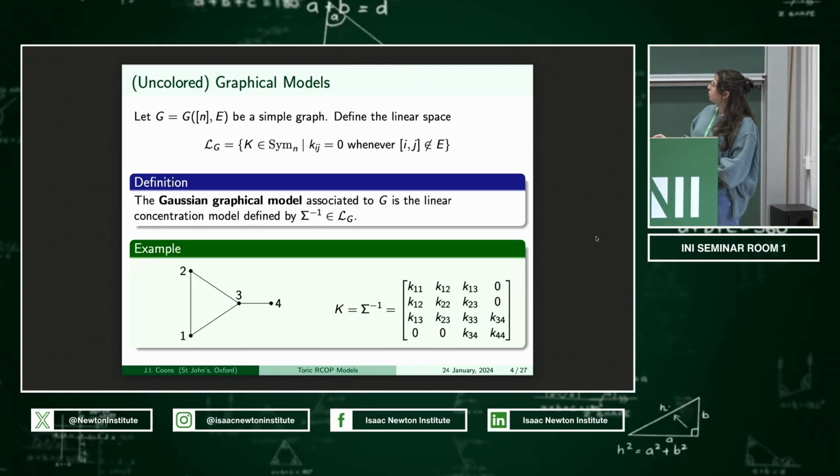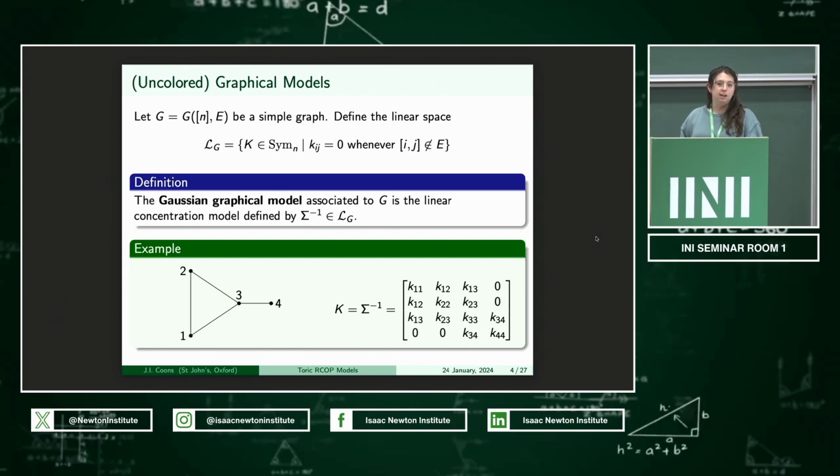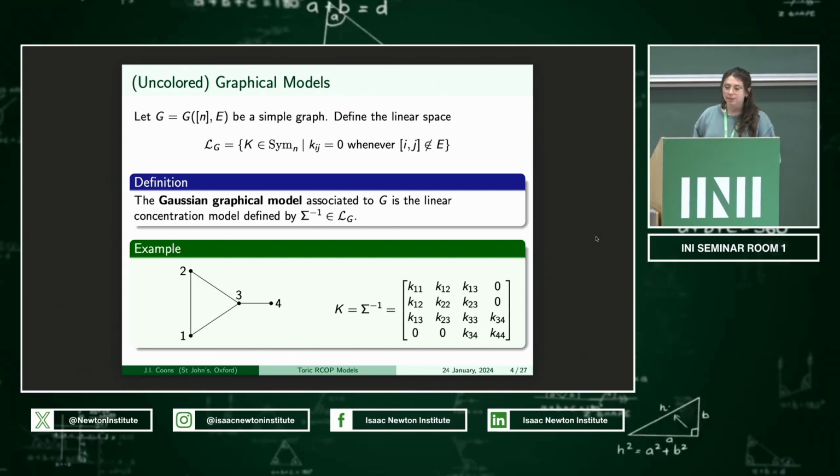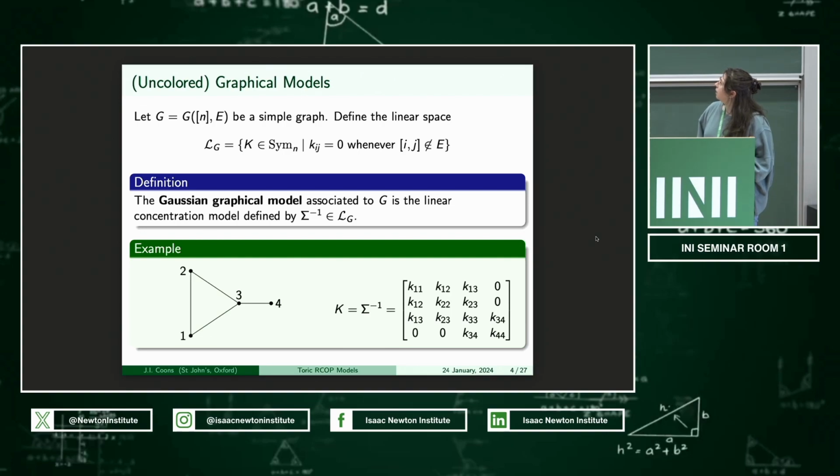It's all of the symmetric matrices whose ij-th entry is 0 whenever ij is not an edge in my graph. So it's just placing some 0 restrictions on your concentration matrix. And then the Gaussian graphical model associated to this is the linear concentration model defined by this linear space of symmetric matrices.